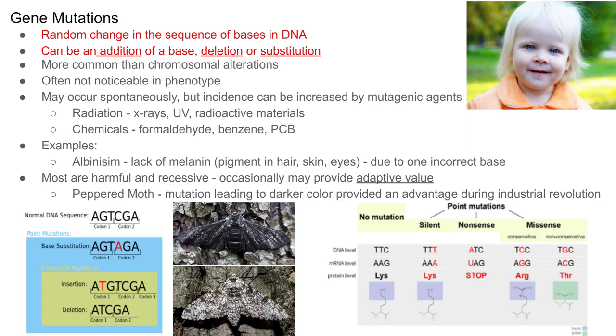Some things can increase the chances of a mutation happening. Certain types of radiation, for example, ultraviolet radiation, can damage the DNA of cells and cause mutations to happen. This is one of the reasons why we wear sunscreen, because ultraviolet radiation in the sun's rays can damage the DNA in our skin.